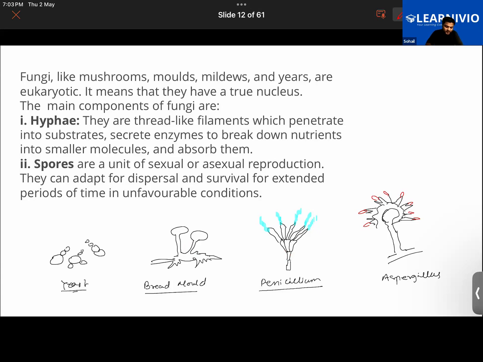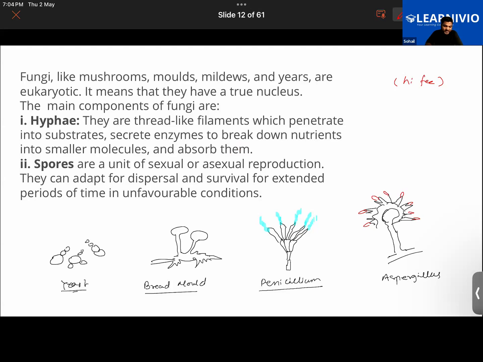So what are hyphae? They are the thread-like filaments which penetrate into substances, secrete enzymes to break down nutrients into smaller molecules, and absorb them.